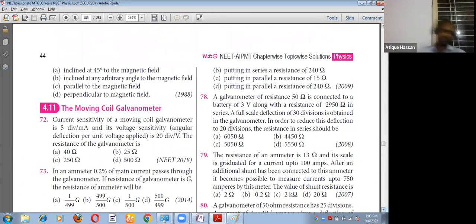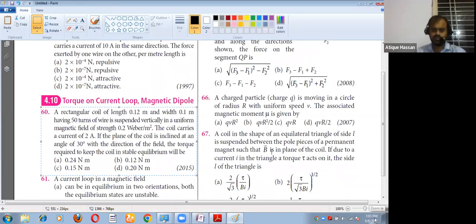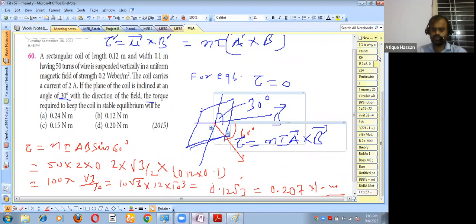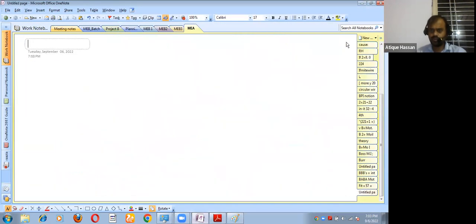Very important. Let us first discuss what it is. Very easy and very important. So first we will discuss the moving coil galvanometer and its conversion. Moving coil galvanometer, MCG, I am not going into detail.